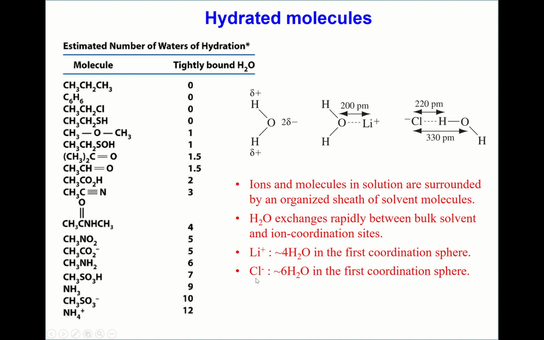In the meantime, chloride ion has 6 water molecules in the first coordination sphere, which means this molecule, and there is another water molecule, and there are 4 which constitute the first coordination sphere, and beyond it there is another coordination sphere of water. In the first coordination sphere, the water molecules are very strongly attracted to the lithium ion.